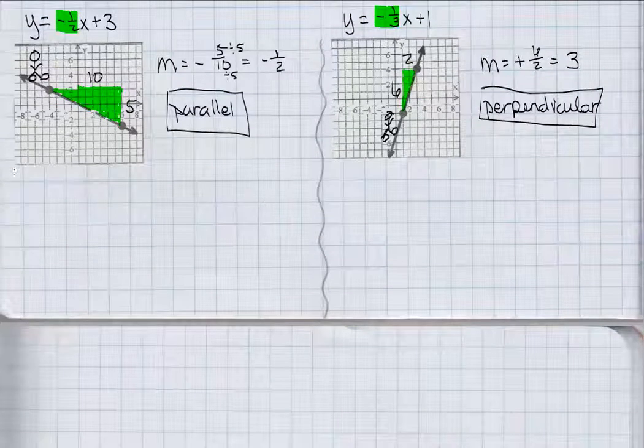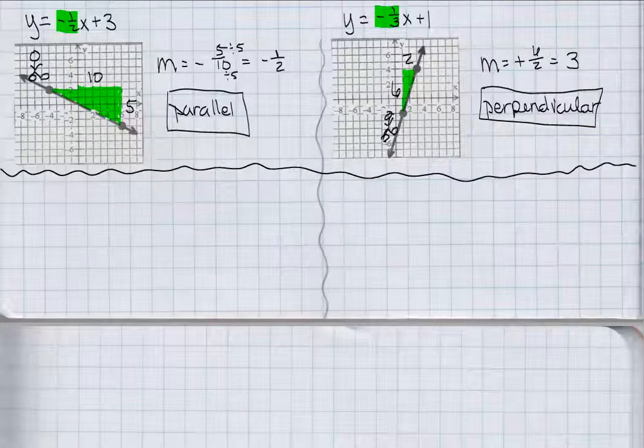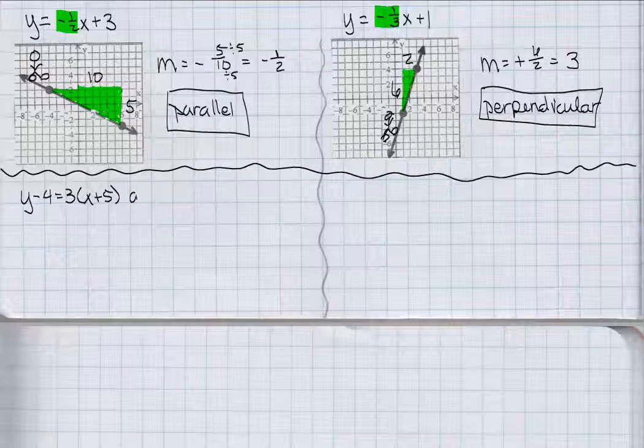Okay, we have a little bit of room left down here. So now if you're given two equations, you have to tell whether they're parallel or perpendicular. So y minus 4 equals 3x plus 5, and y plus 3 is equal to negative 1/3 times x plus 1.